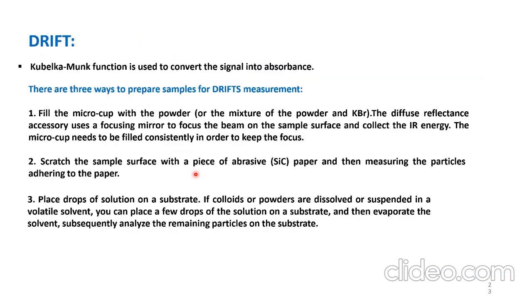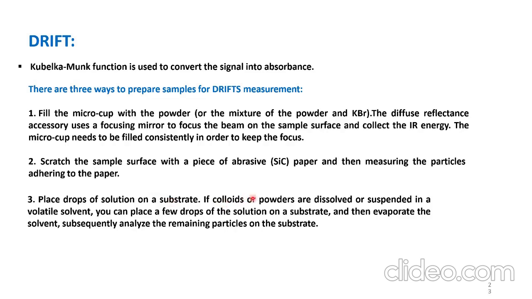The second way is to scratch the sample surface with a piece of abrasive or silicon carbide paper, and then check the particles which are adhered to the paper. The third way is, if it is a liquid, we can drop the solution on a substrate or KBr or any other substrate which is IR transmittant.